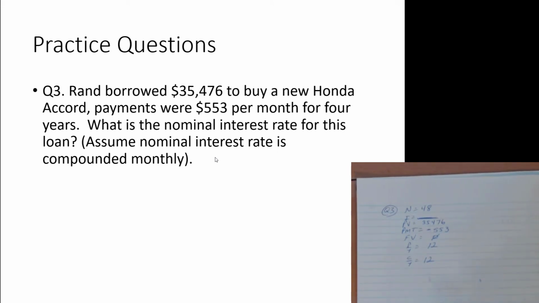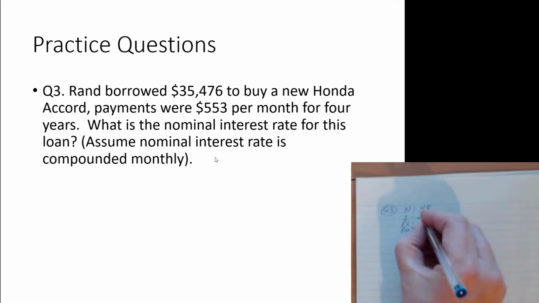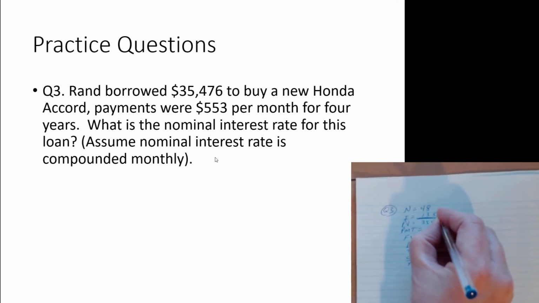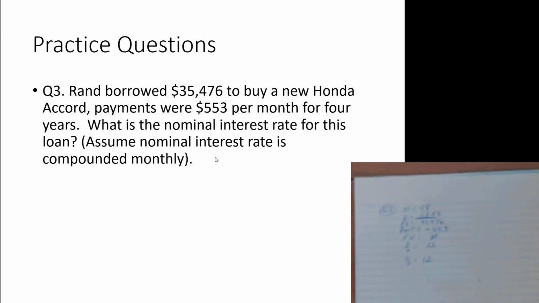Okay, so now we roll through, we solve for I. Go through the process, and we see that I is 13.53. Now, technically, to be correct, we would say that I is 13.53% compounded monthly.